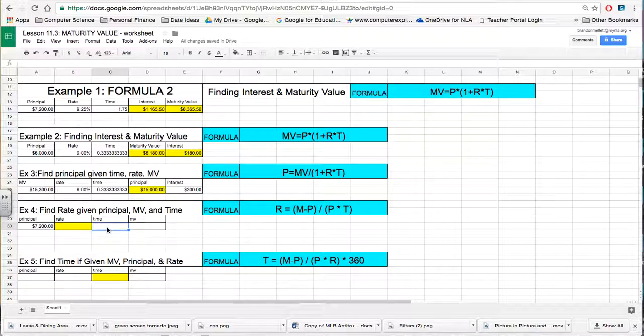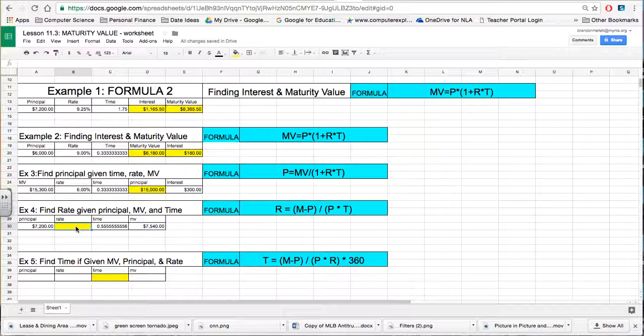We have a time of 200 days. Now again, remember time. If there is no exact instruction on using ordinary or exact, we will always use ordinary. So they give us 200 days divided by 360. We know the maturity value is 7,540. So now we need to find the rate.